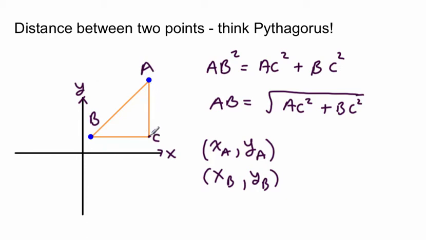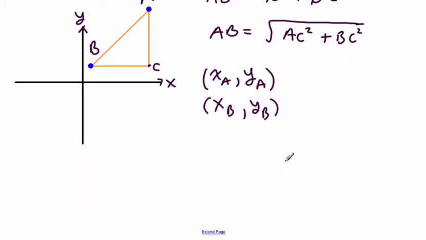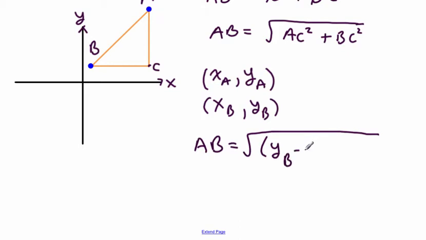Now AC is going to be the difference between the y coordinates. It's this height here. So AC we can now replace with the difference in the y coordinates. Actually, let's back up there.